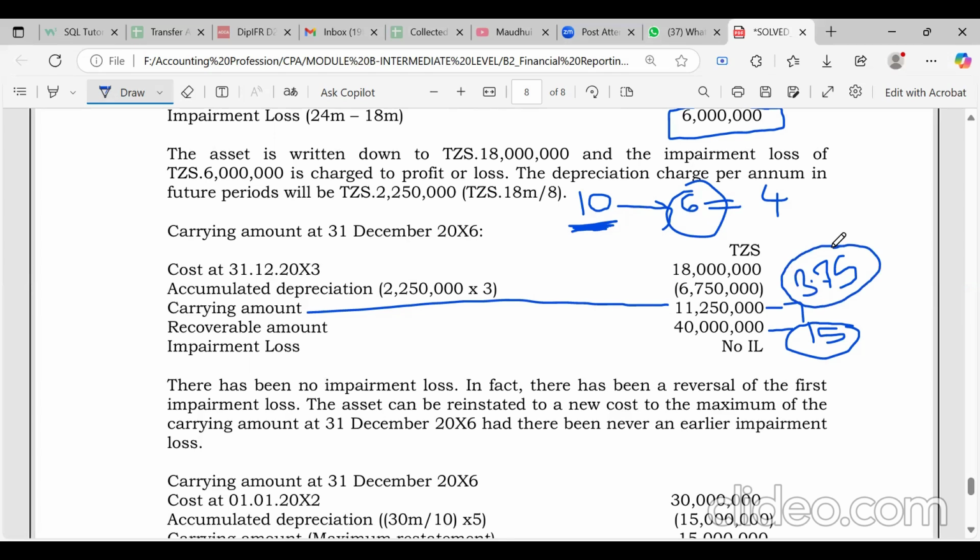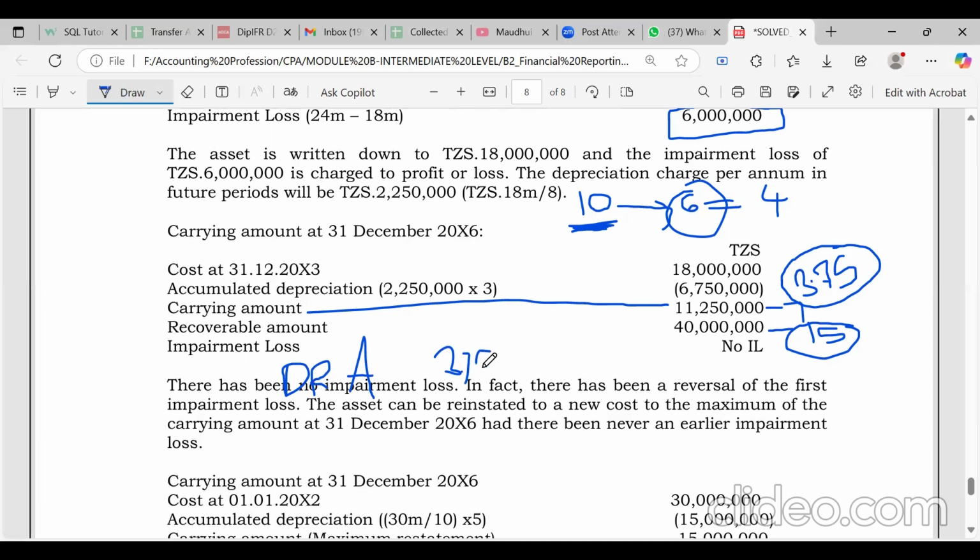So you say, okay, my net figure should be 15, but currently in my books I have 11.25. What am I going to do? I need to increase the value of my asset, so I debit my asset by 3.75.